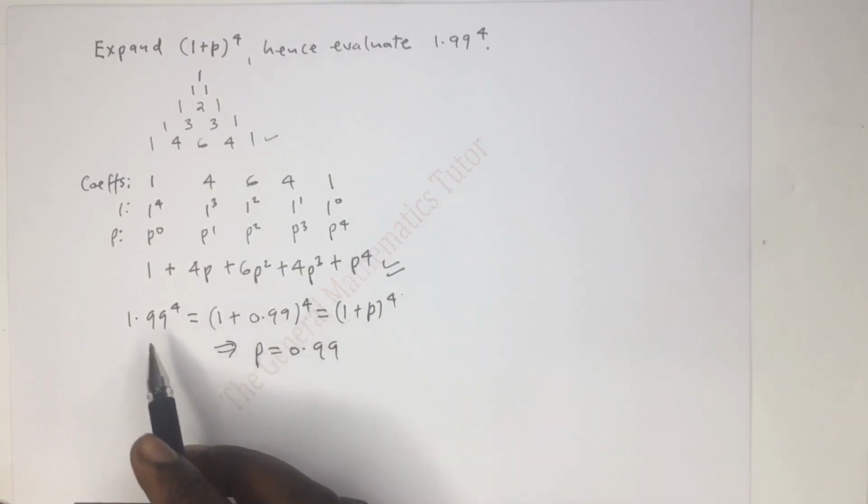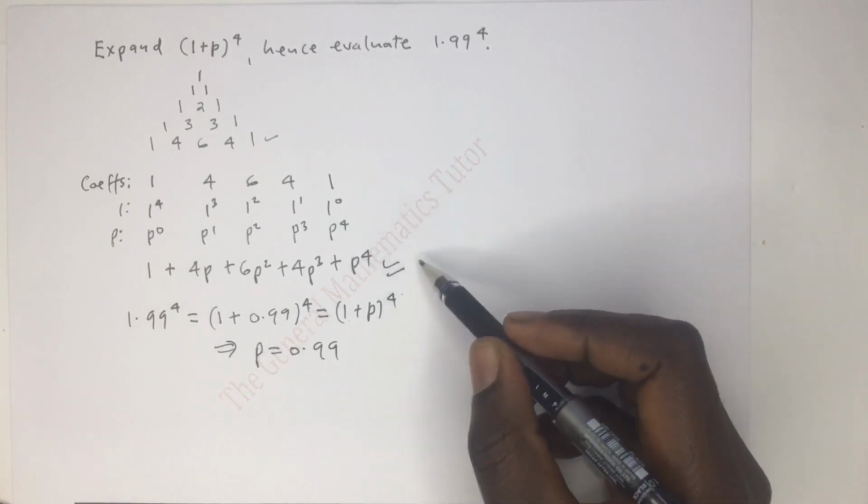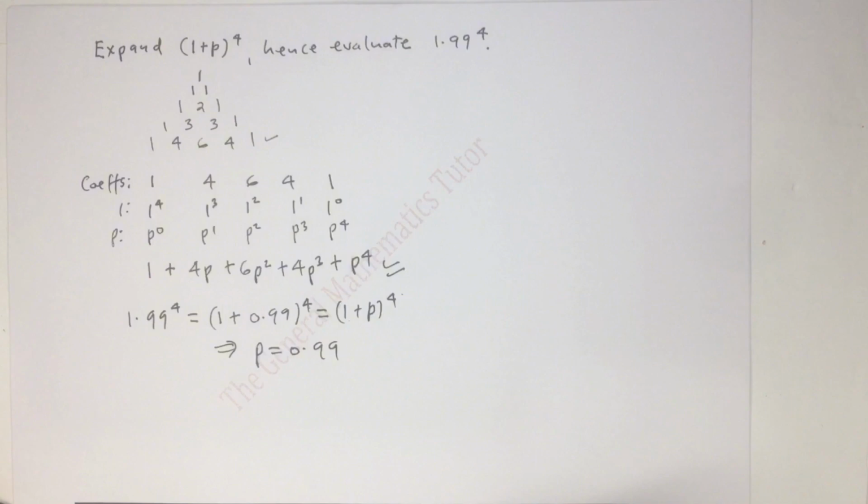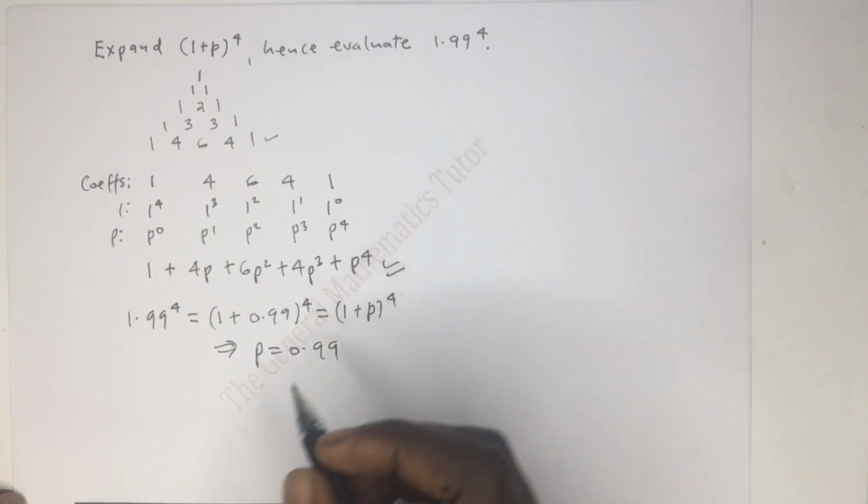So for us to obtain this value, we just use our expansion. Wherever there's a p, we replace that with 0.99. So let us do that.